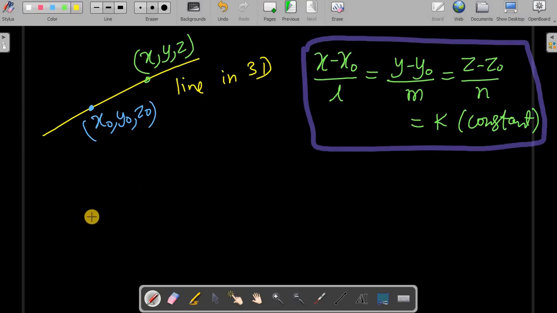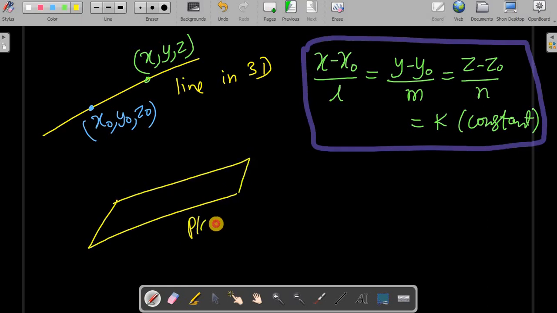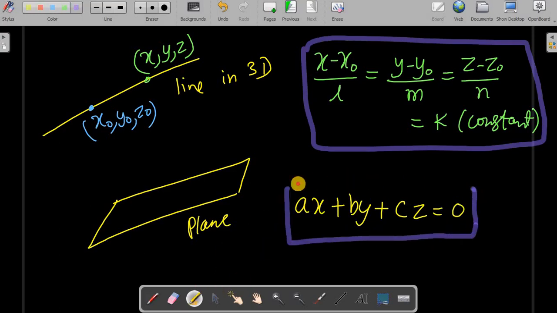Similarly, if you consider a plane, the equation of a plane will be given as ax plus by plus cz is equal to 0. This is the equation of a plane. Very complex things can be there, but right now we don't have to see that.